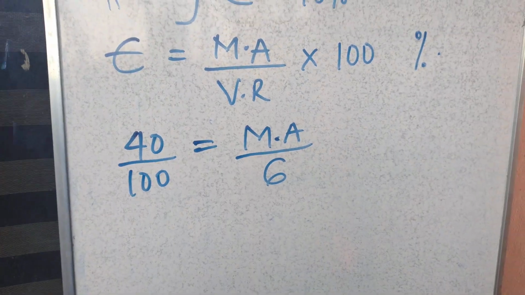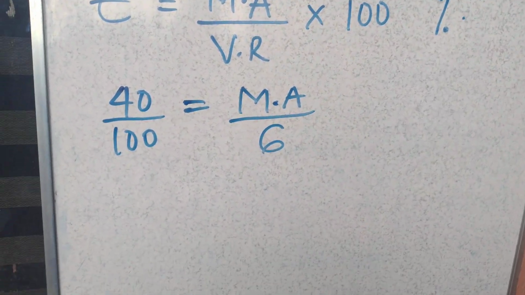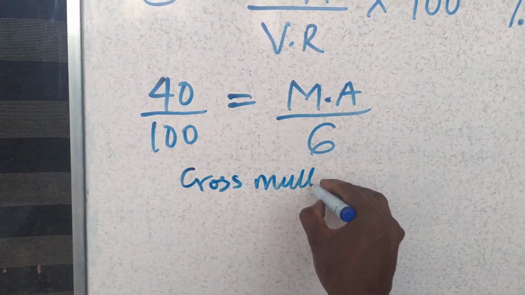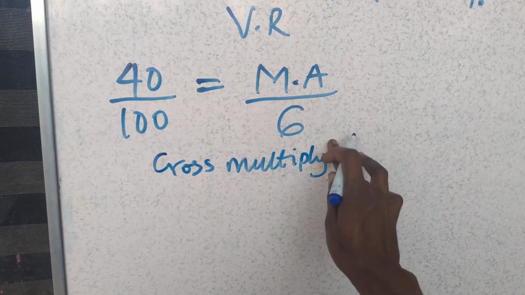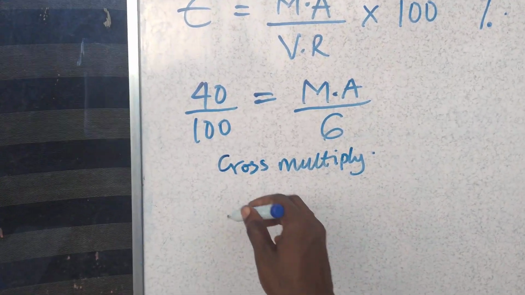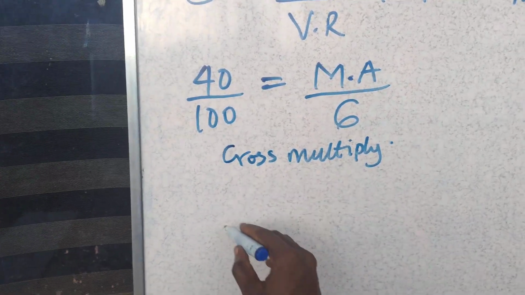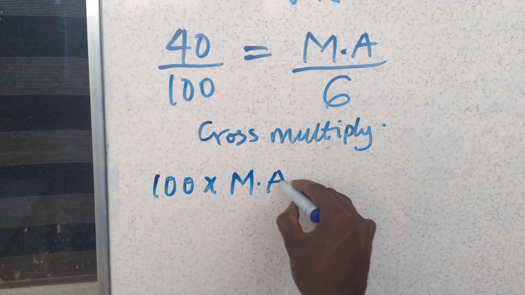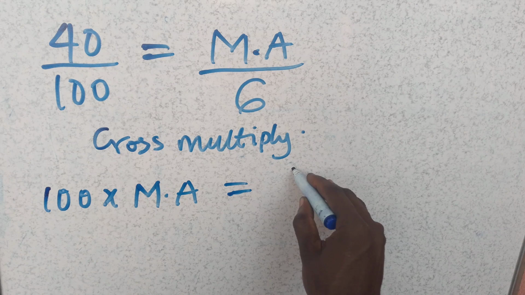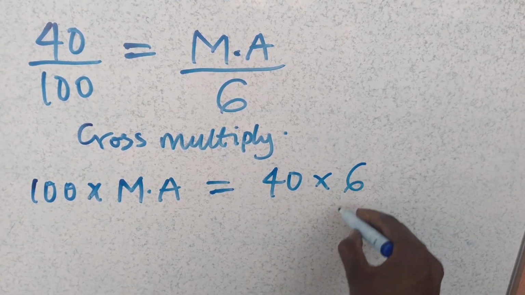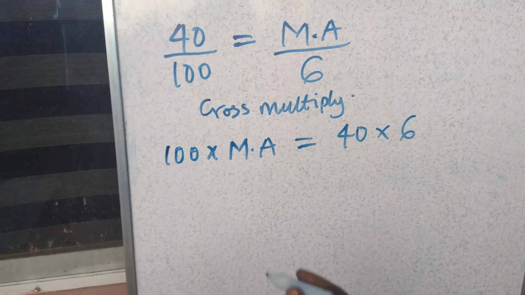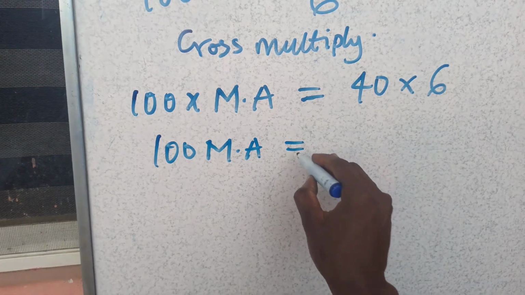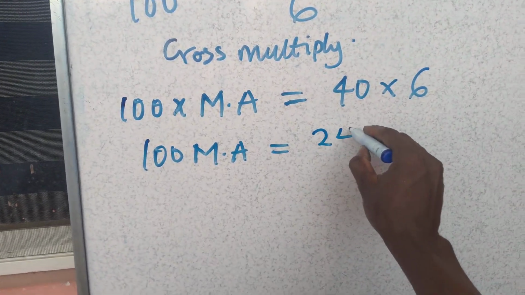We can then cross multiply. If I cross multiply, I'll have 100 multiplied by my mechanical advantage equals 40 multiplied by 6. So 100 MA is equal to 40 times 6, which gives me 240.